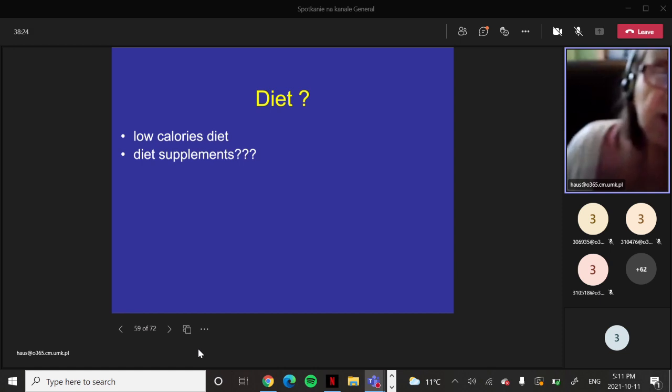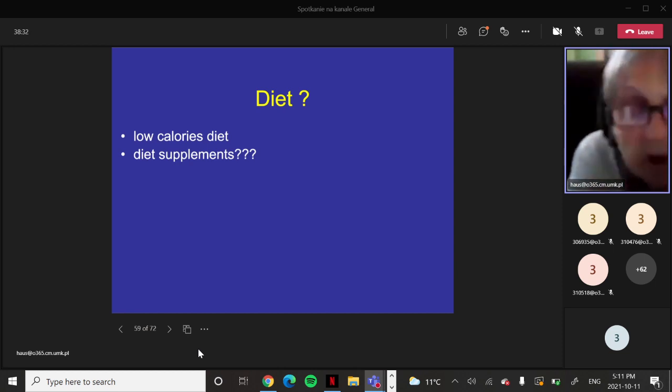Diet. What about diet? In general, people with Down syndrome have a tendency to obesity, so they should be on a low calorie diet. Now many people believe in diet supplements.